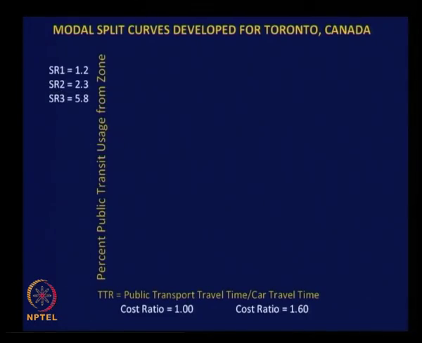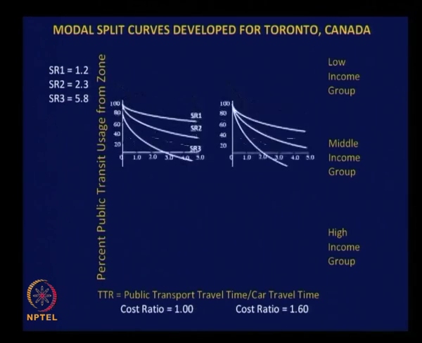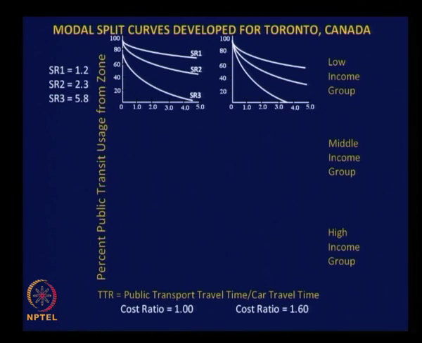And service ratio, as was done earlier, 3 values for service ratio, and 3 income groups: low income group, middle income group and high income group. And for low income group, this is how the curves looked.